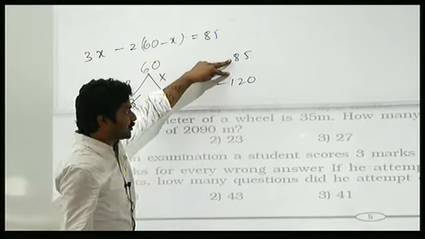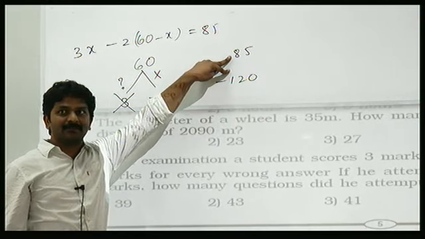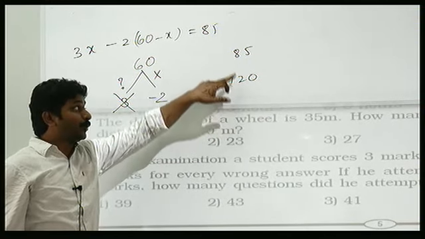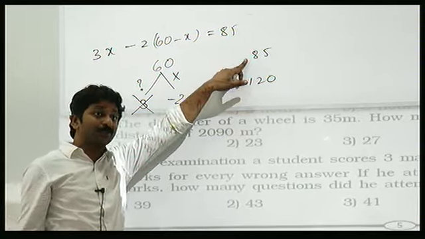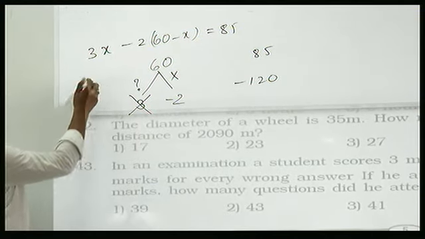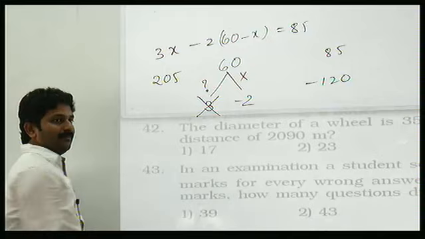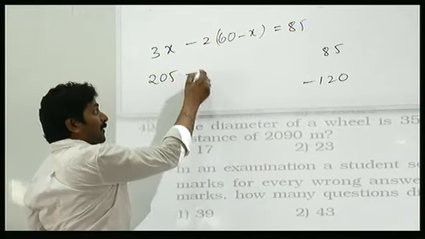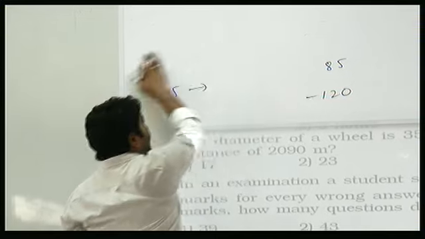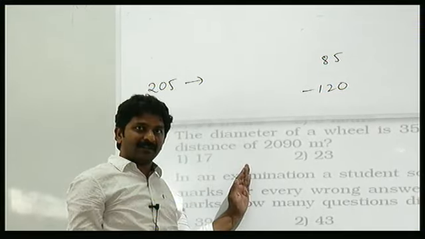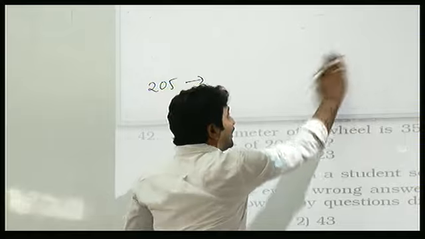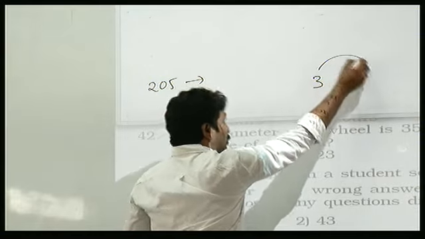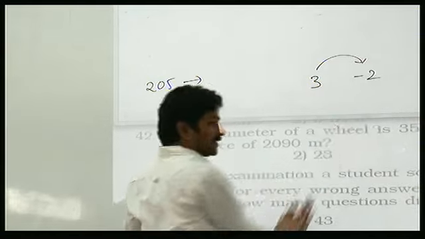What is the difference between these two numbers? Minus 120 to positive 85, the difference is 205. So there is a difference of 205 marks here. Why is this? Because there are a few questions which were answered correctly, but we have converted those questions to wrong answers.